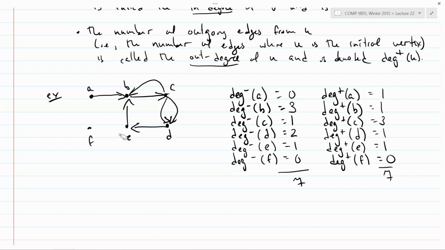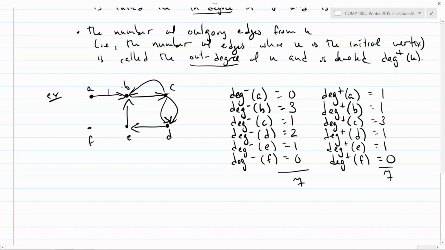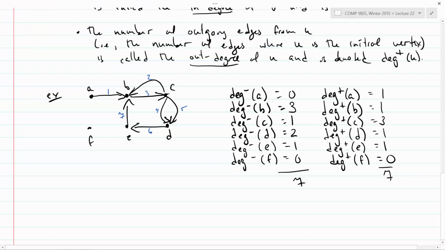Is there anything special about the number 7? Yeah, if I count the edges, I have 1, 2, 3, 4, 5, 6, 7 edges. And that's not a coincidence, right? Because I said every one of those edges contributes 1 to someone's in degree and 1 to someone's out degree.